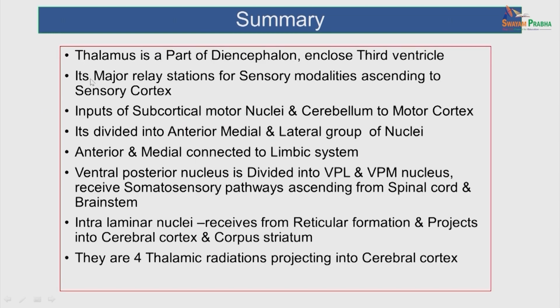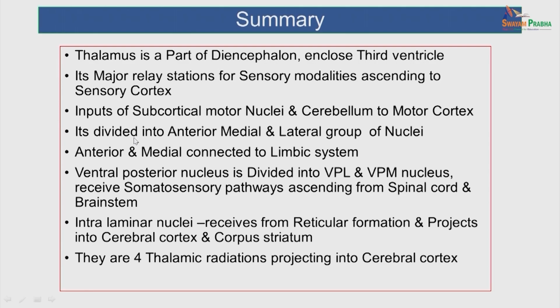So overall, it is a part of the diencephalon which encloses the third ventricle. It is a major relay station for the sensory modalities; all the ascending tracts go to the primary sensory area. It also has inputs from the subcortical motor nuclei and also from the cerebellum.